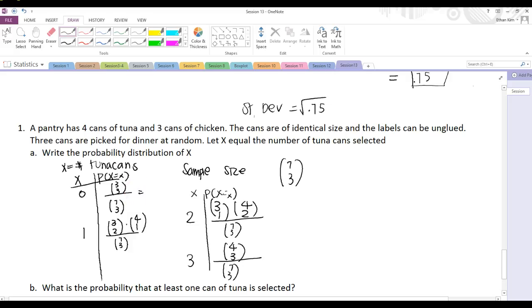Let's just make a simple table right here, because you have to do the calculation now. This is x, and this is P of x equals little x.